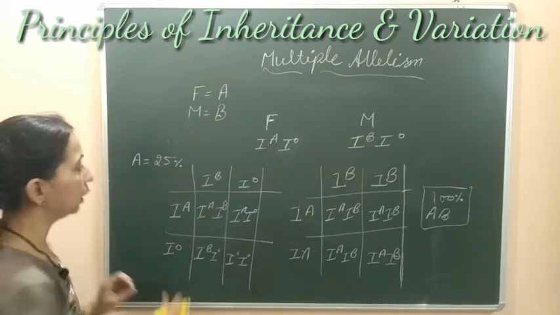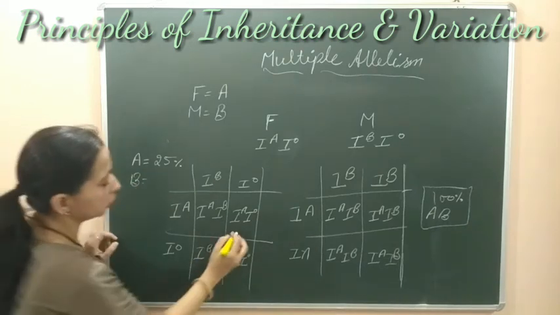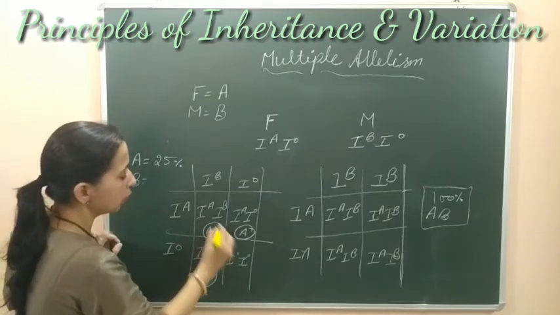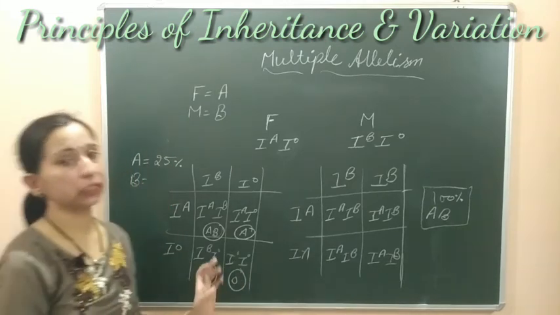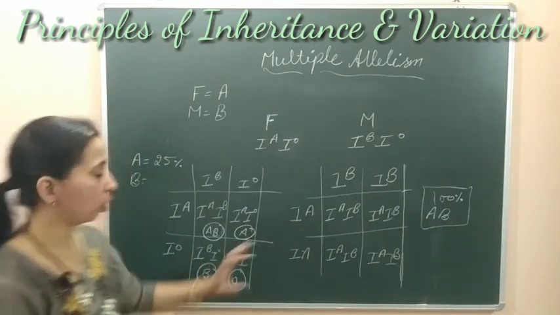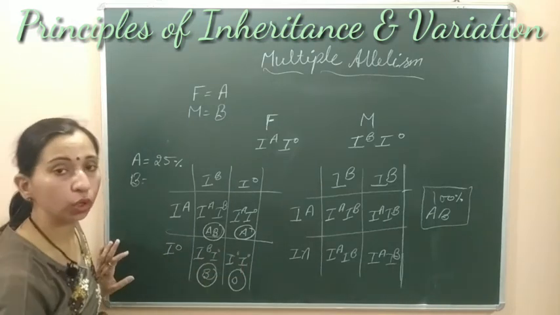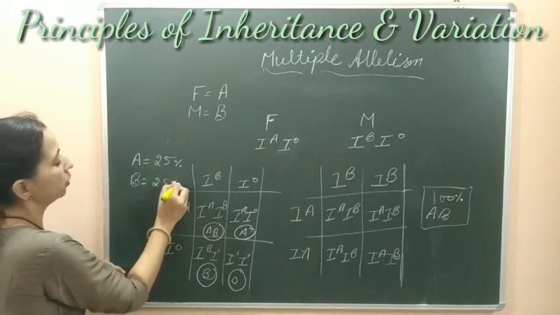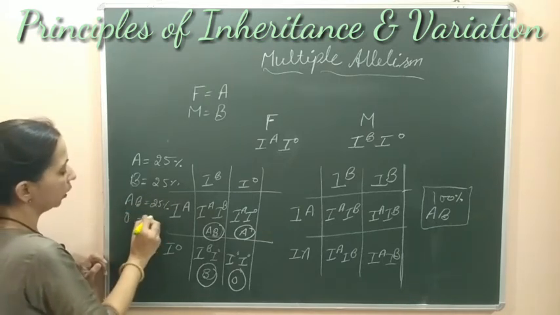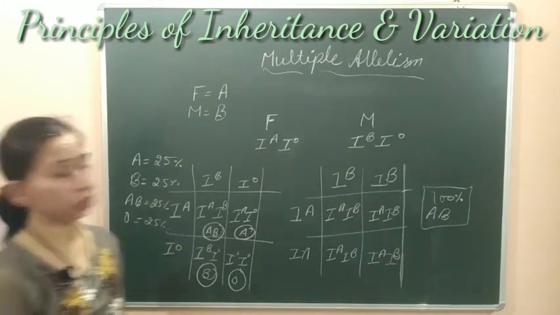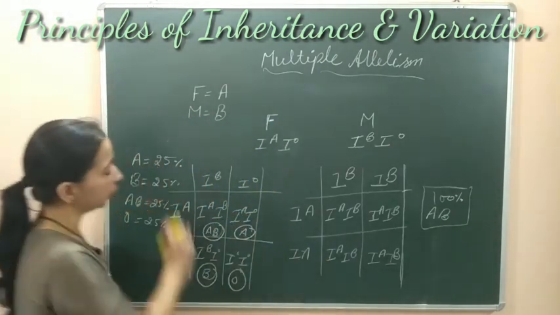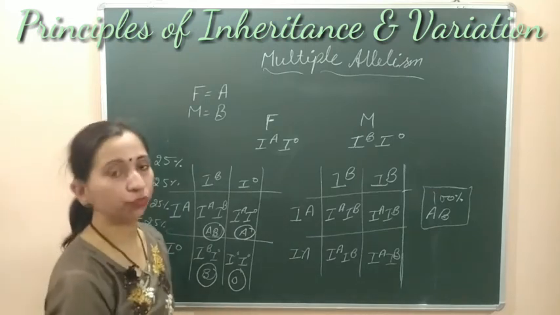Next, this will be blood group A, this will be blood group B, this will be blood group AB, and this will be blood group O. So in this case, the possibilities of all four blood groups A, B, AB and O are equal, 25% each. So when the father and mother are both heterozygous for their blood group, the possibility of their children's blood group is 25% for each type.